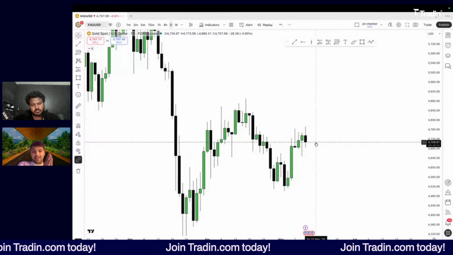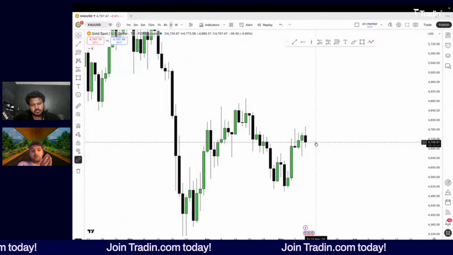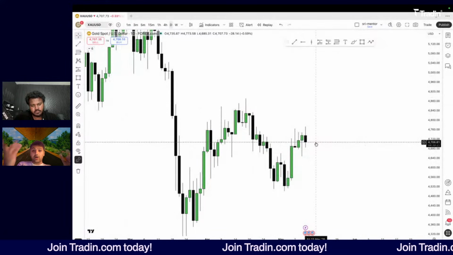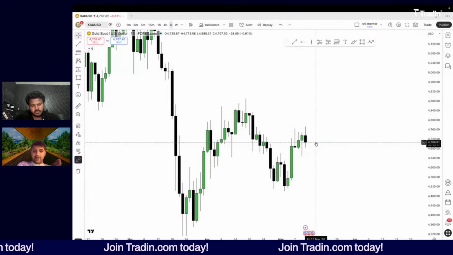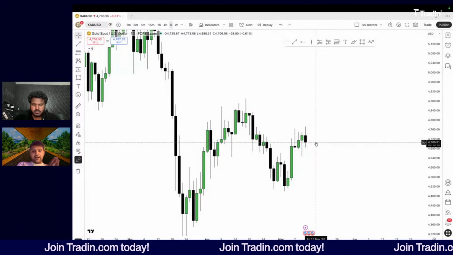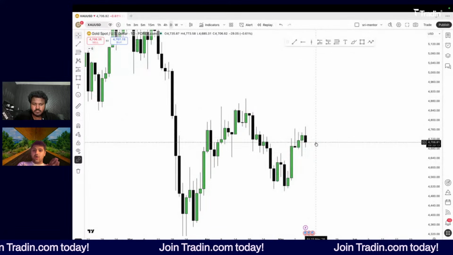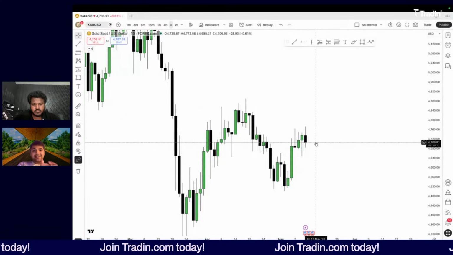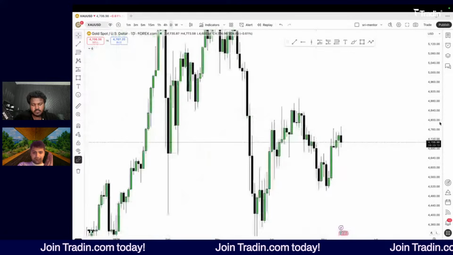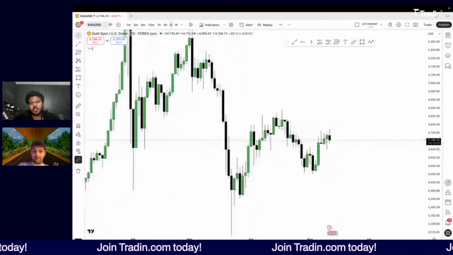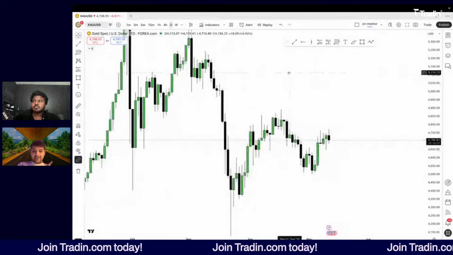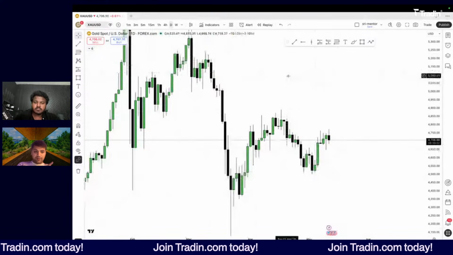That technically says the price action is not able to close above 4750. So as long as there's no 4 hour or daily candle closing above 4750, my bias is bearish on gold. The moment it closes above 4750, you will see the next liquidity at the top, which is 4900.